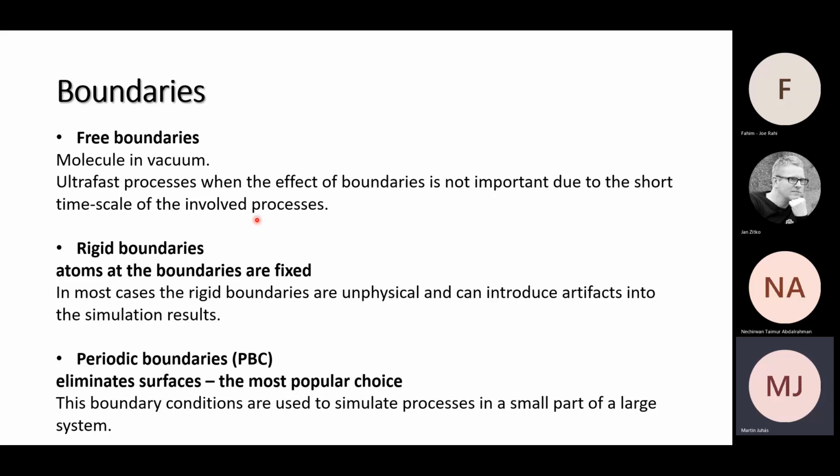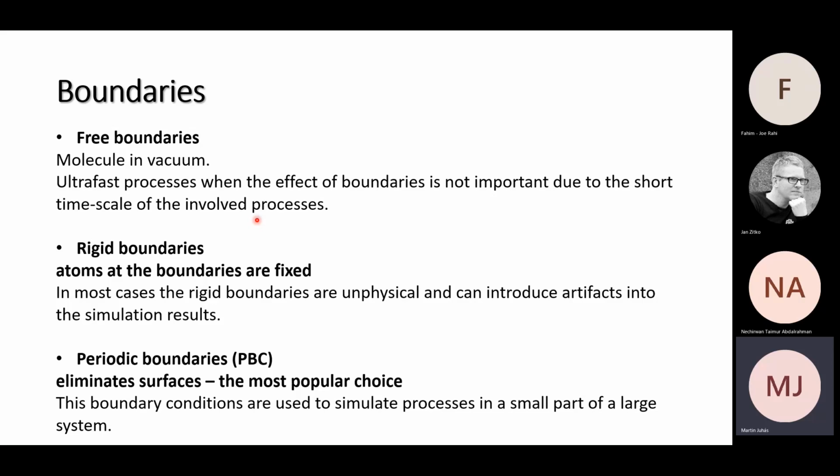So it's better than having no boundaries at all, but it can include some errors because the molecule doesn't move, so it doesn't interact as it should with the other molecules.